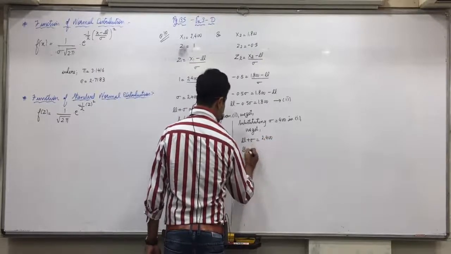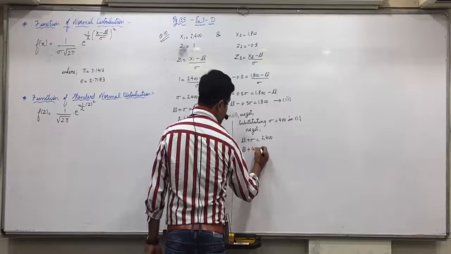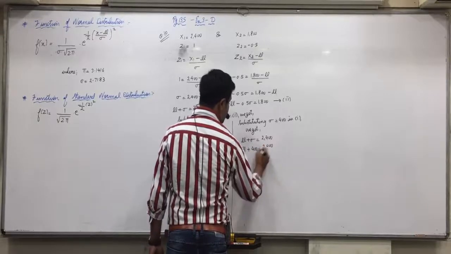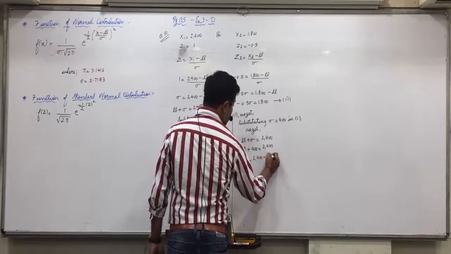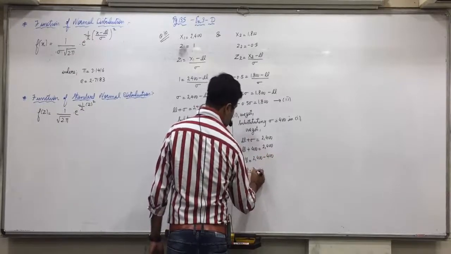So mu plus, in sigma we will put 400. 400 on the right side will become minus. So mu is 2000.